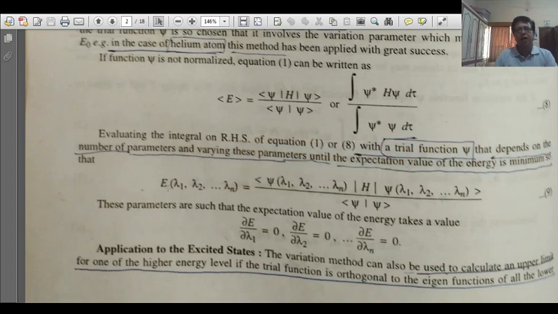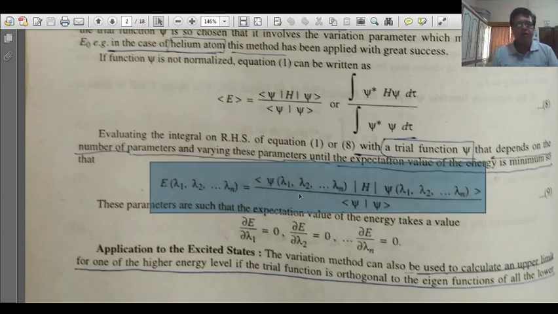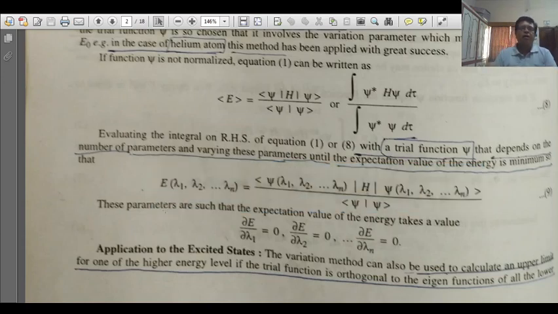E of lambda 1, lambda 2, up to lambda n equals bra psi of lambda 1, lambda 2, lambda n, H, ket psi of lambda 1, lambda 2, lambda n, upon bra psi ket psi. This equation is written in bracket notation. The parameters lambda are such that the expectation value of the energy takes a minimum value.